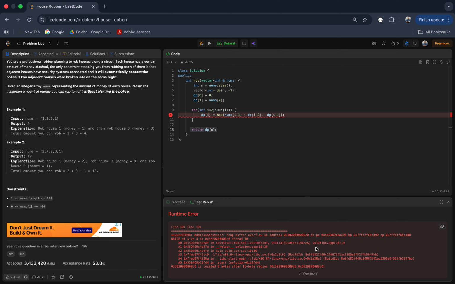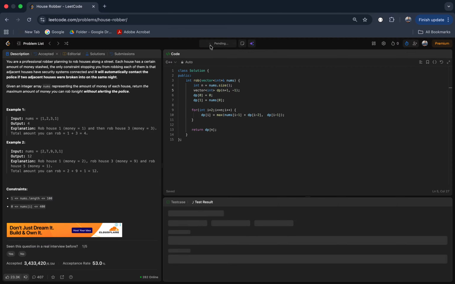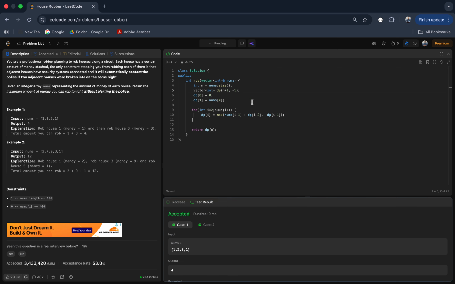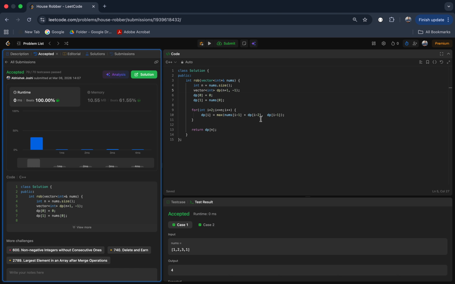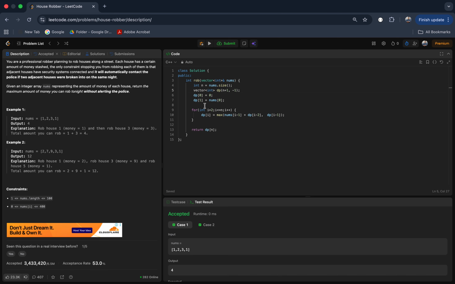And here the error is telling us that we are going out of bound. Sorry, I have to make the dp size n plus 1 so that dp of n will be calculated. Okay. So here we have our answer for the tabulation approach from 0 to n.